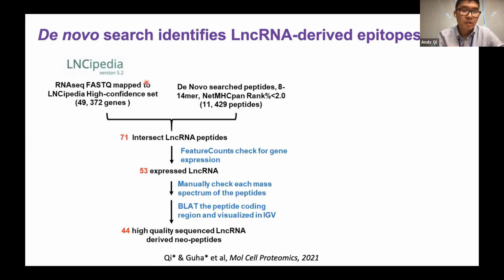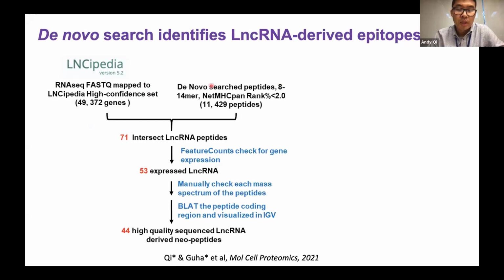So we found LNCipedia is a really reliable source with all the lncRNA annotated in this particular database. So we use our RNA-seq FASTQ files to align not to HG38, but to this lncRNA reference.